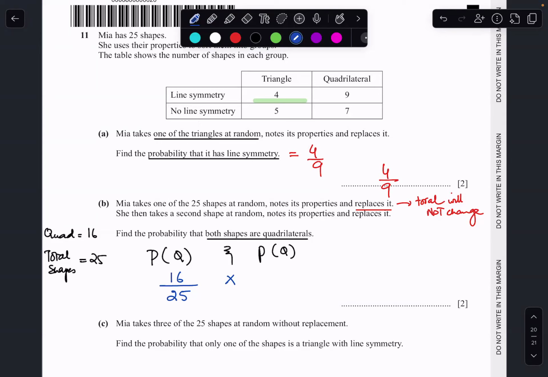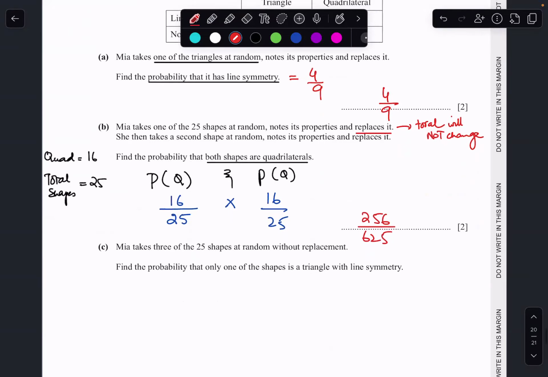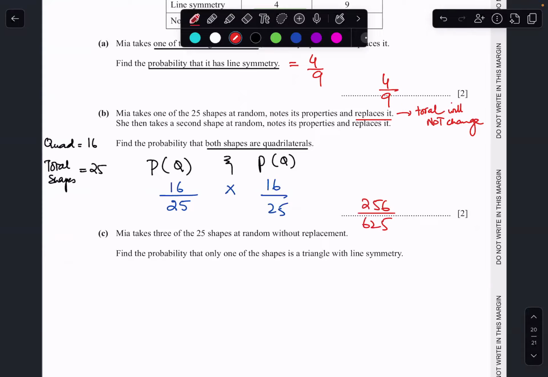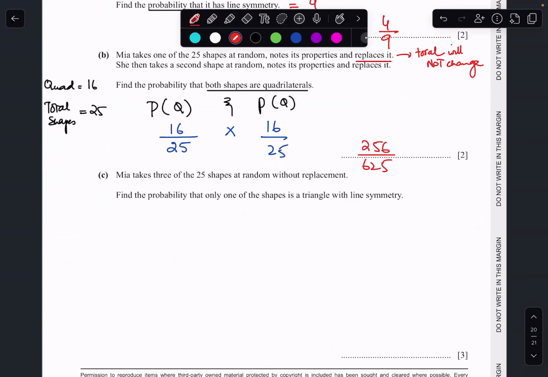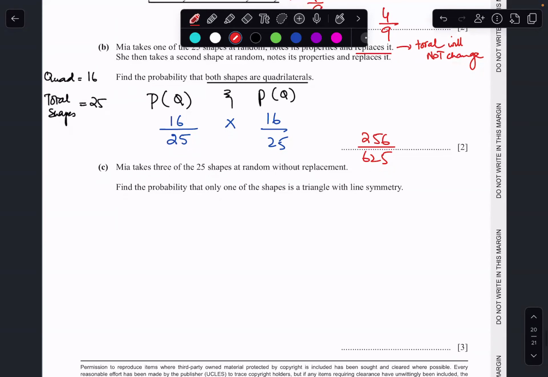Because she's replacing it, putting it back, the same. So multiply them. It should be 256 divided by 625. Okay. Is that clear? Yes. Next one.